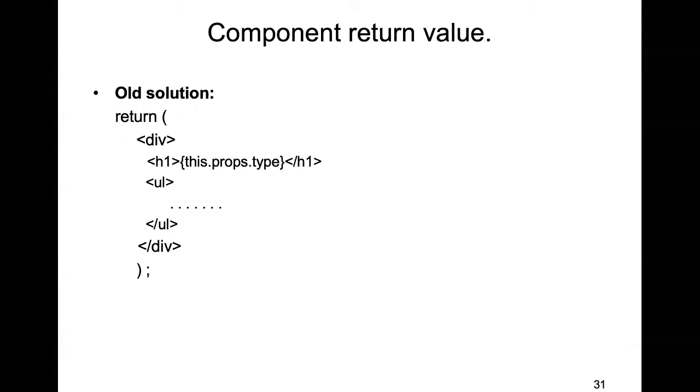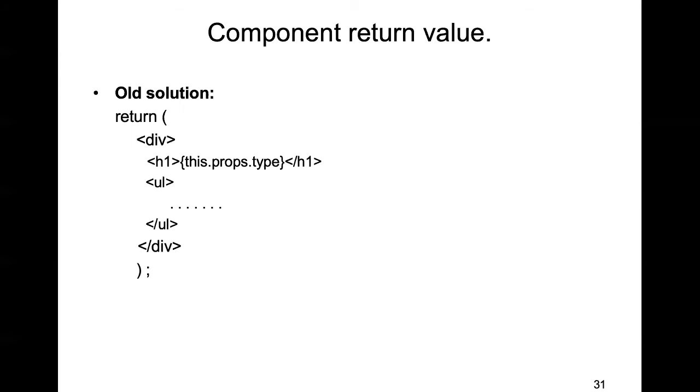And the deeper the nesting of your DOM data structure, that impacted the browser's performance in terms of how quickly it refreshed and repainted your screen. Okay, so that was one of the performance problems with React.